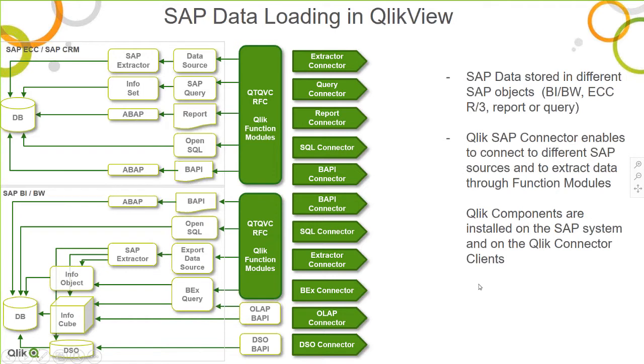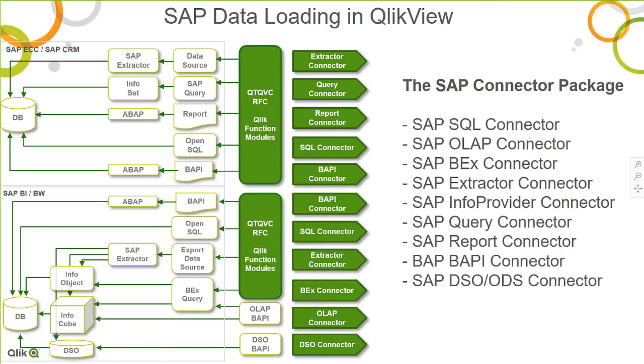When we speak about the connectors, it's not only one connector. We deal with different connectors depending on which source of data you want to extract data from. You install the SAP connector on the SAP system. As mentioned, there we provide our code, the function modules, and you'll need to install the connector on your client.